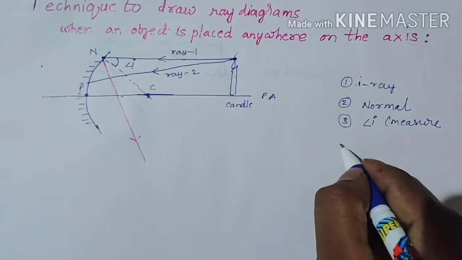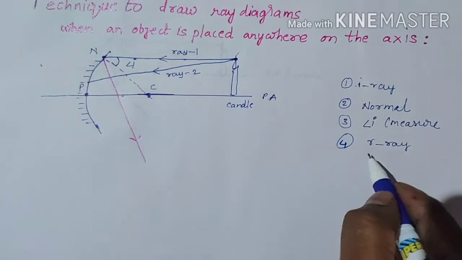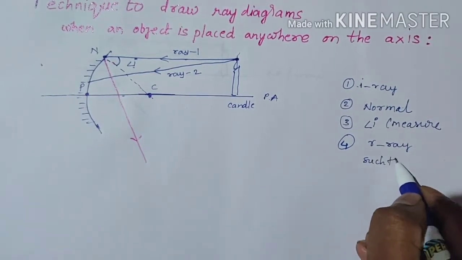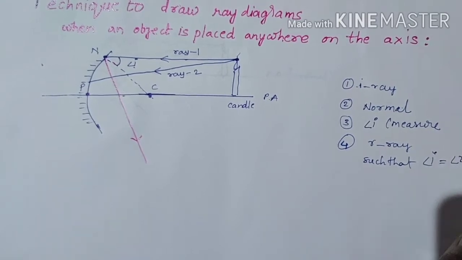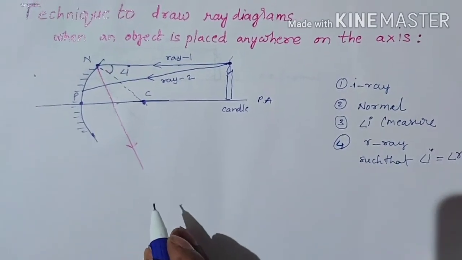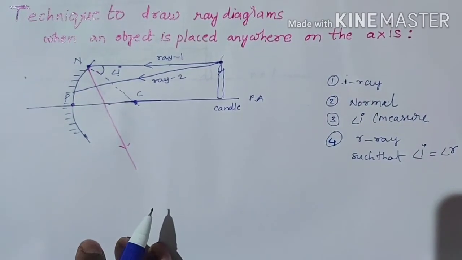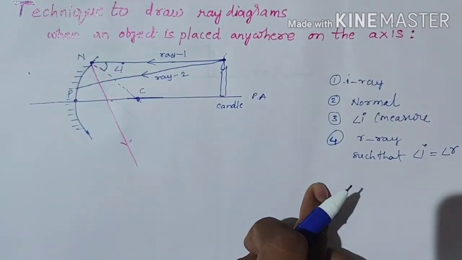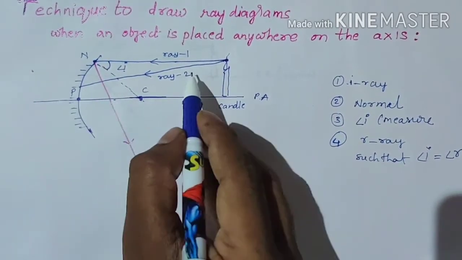So what is the fourth point here? We have to construct the reflected ray such that the angle of incidence equals the angle of reflection. So how many steps are required? 4 steps are required.